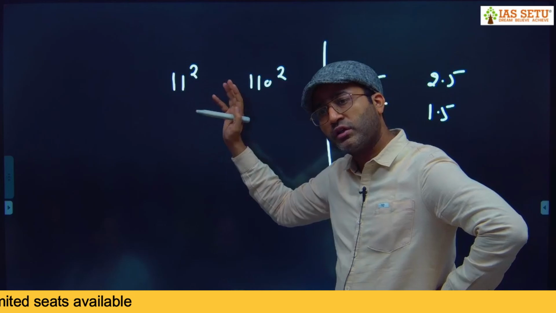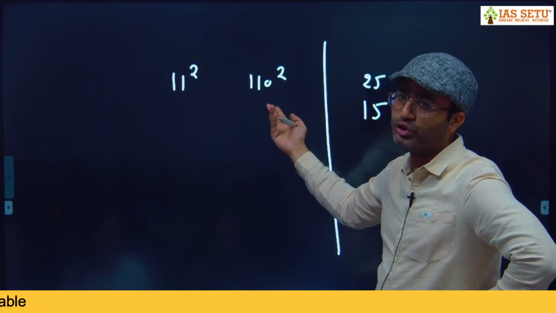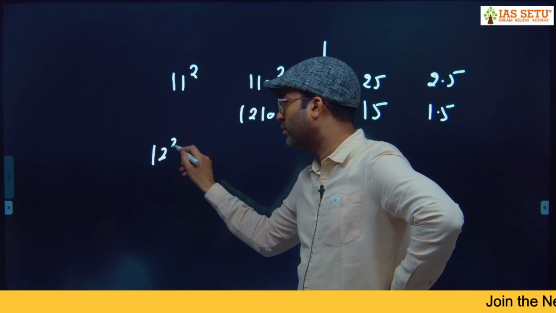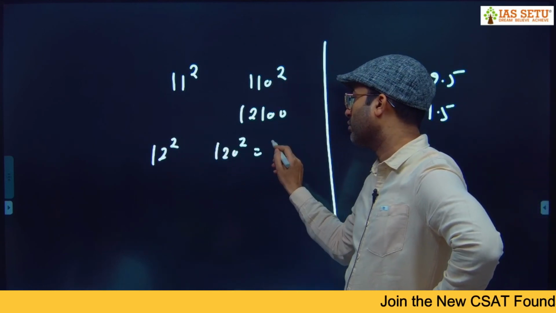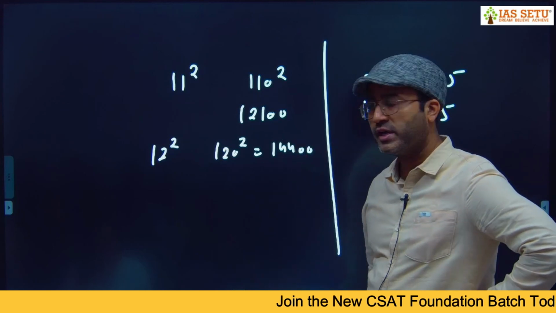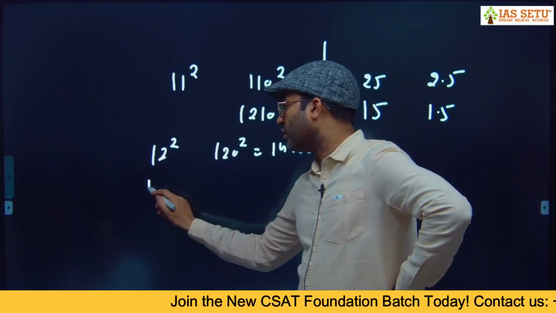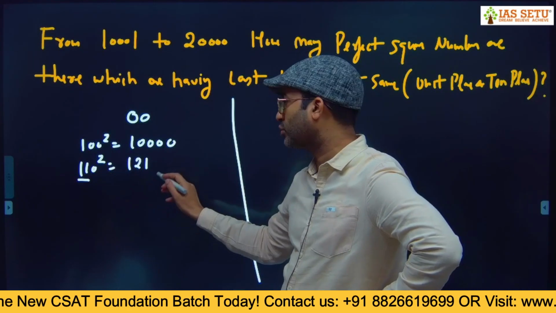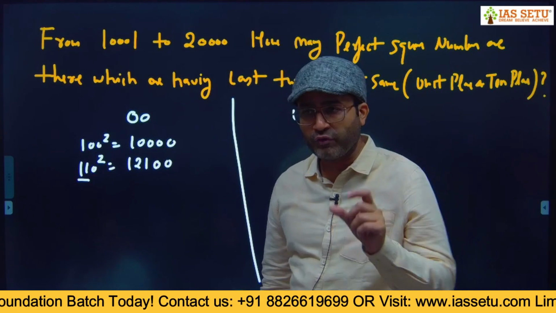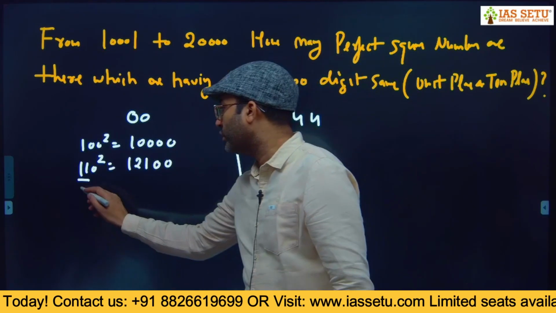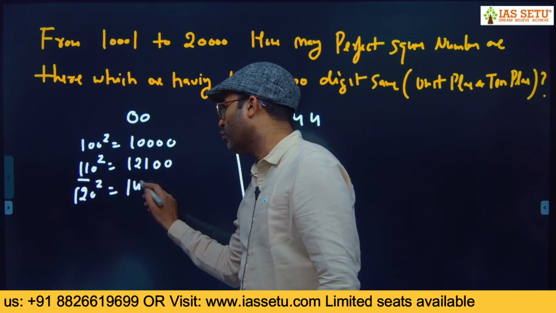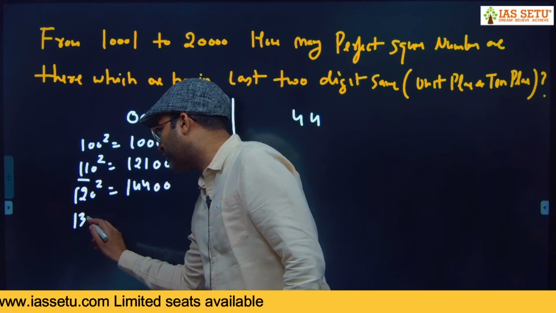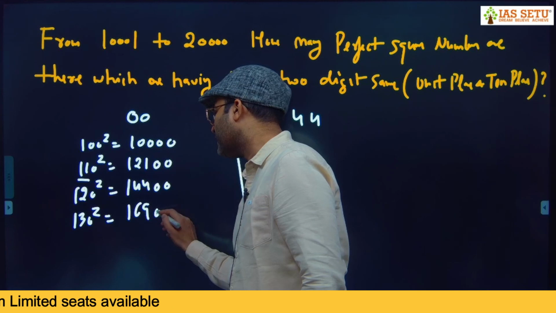So if you know 11 square, which is 121, then 110 square becomes 12100. Similarly, what is 12 square? 144. So what is 120 square? 14400. You just add zeros. 13 square you know, so 130 square you can find. What is 110 square? 12100. You find 11 square, then you add 00. What about 120 square? 14400. 12 square is 144, you add 00. What about 130 square? 16900.